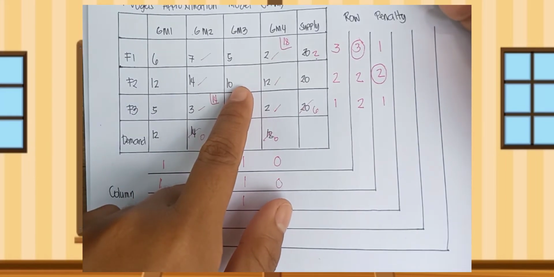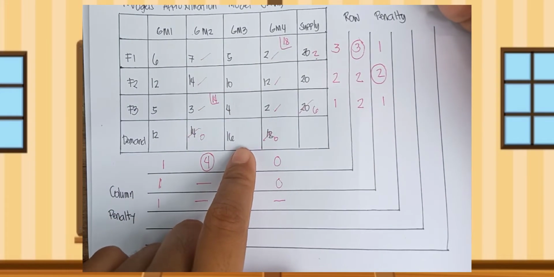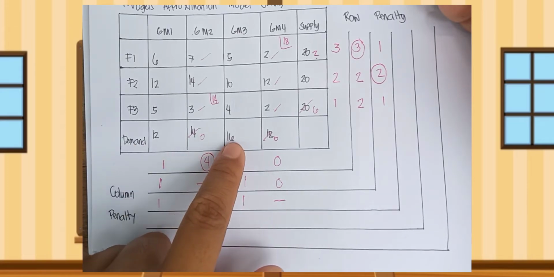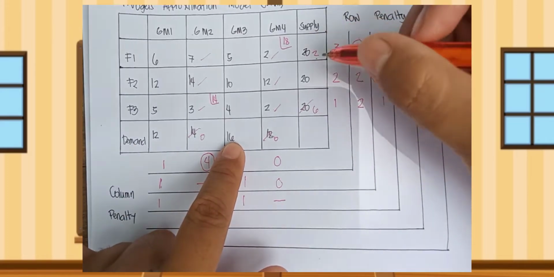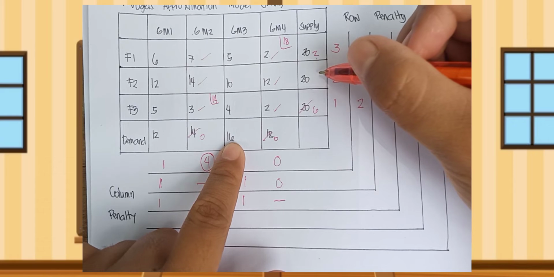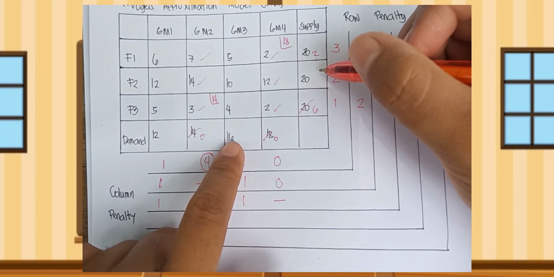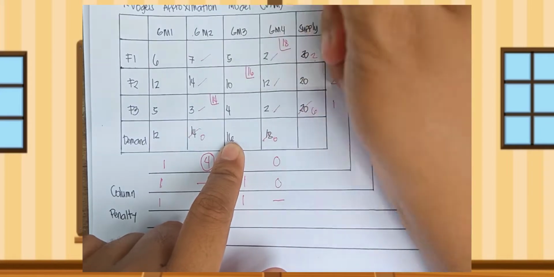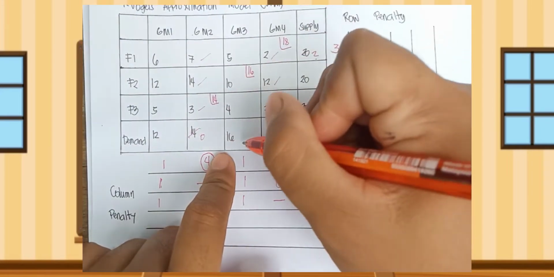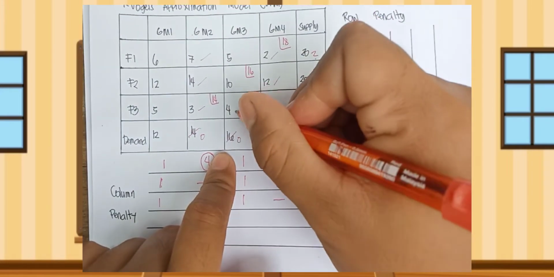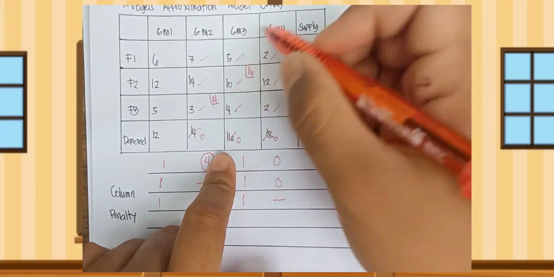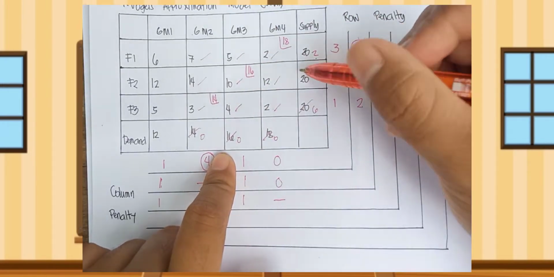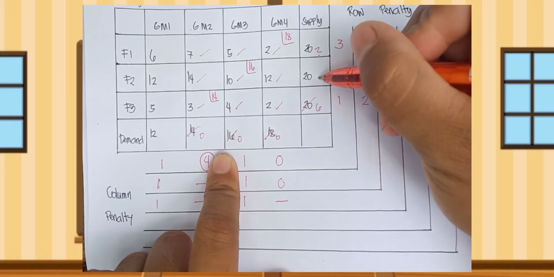So 10 is the smallest. We have a demand of 16 and a supply of 20, so the minimum cost is 16. So we will put 16. After that, it becomes 0, so this column is satisfied. Then 20 minus 16 is equal to 4.